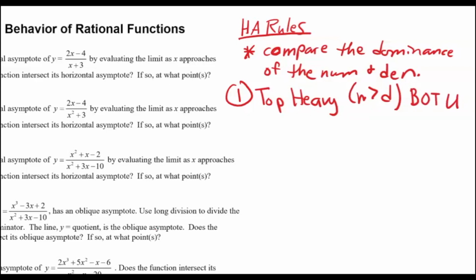This stands for big on top is undefined. That means there is no horizontal asymptote. We're going to have to do something different to find the end behavior asymptote, and we'll discuss that in just a minute.